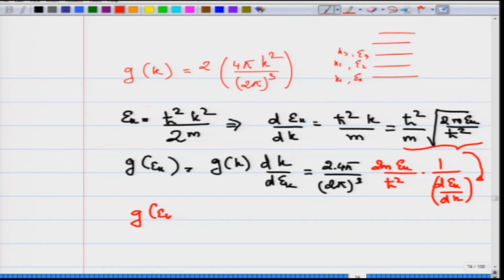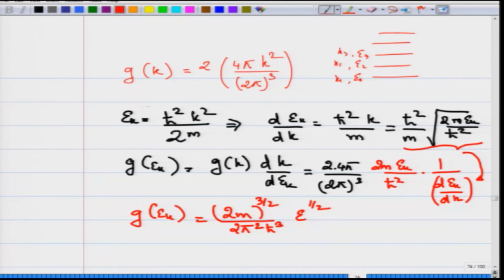And if you put all of these here, you will get the following expression, that this is equal to 2m by 2 pi square, 2m raised to 3 by 2, h cross cube, E raised to half.